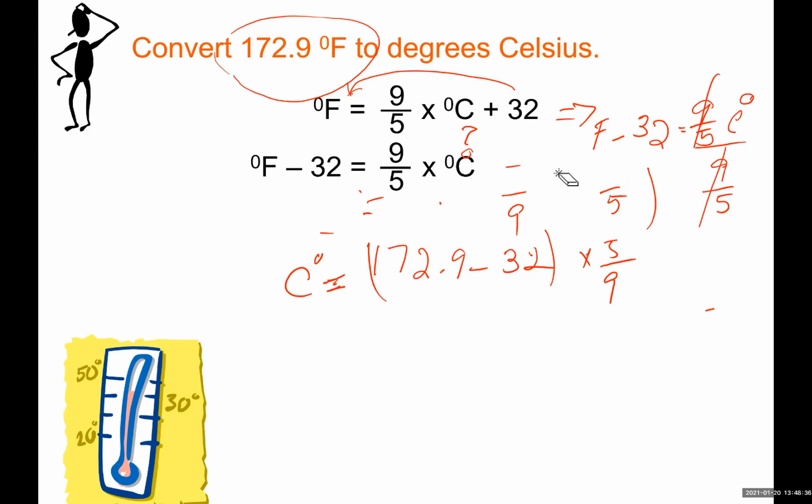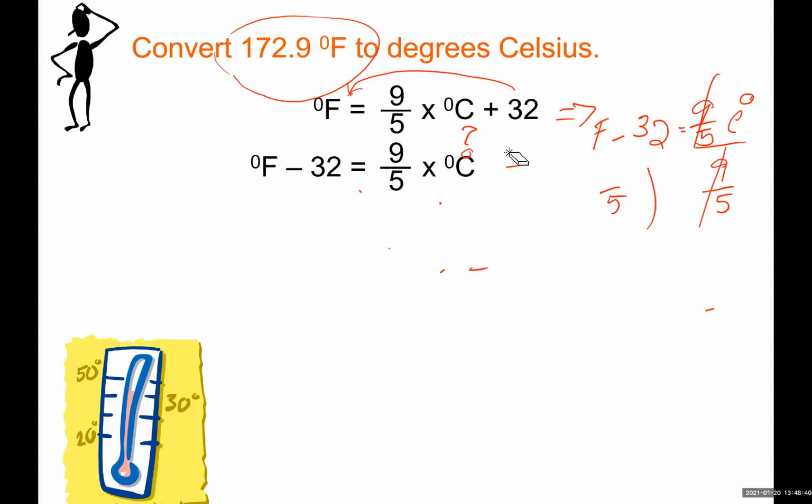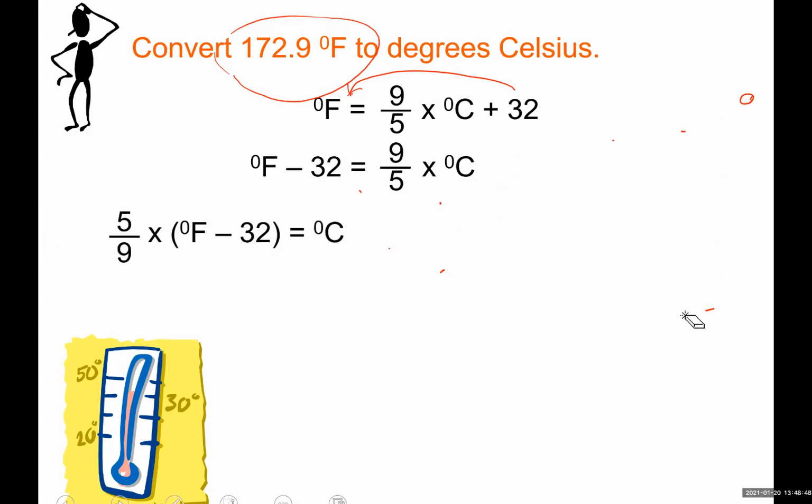So again, move 32 to the left. That's what we did. And divide both sides by 9/5. So you get the value of Celsius.